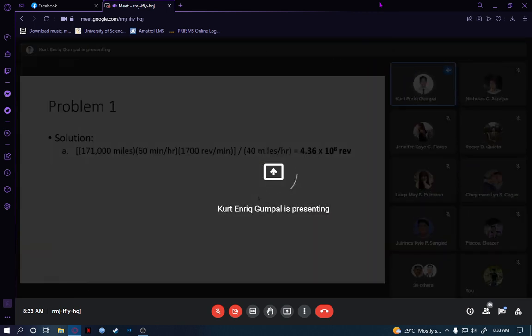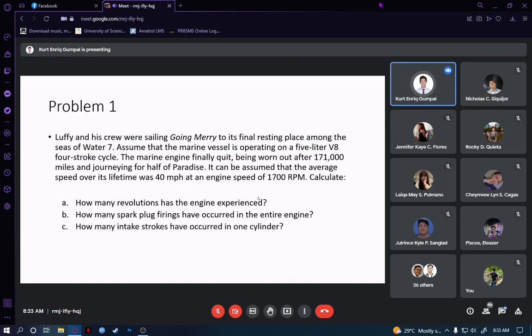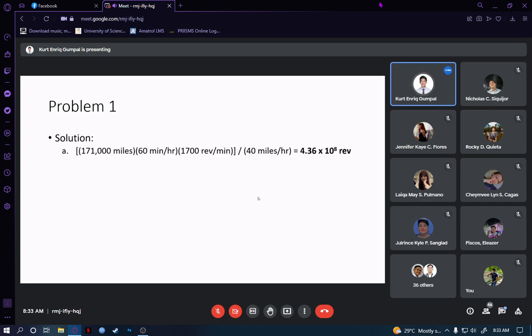Then your question next is how many spark plug firings have occurred in the entire engine, and how many strokes have occurred in one cylinder? So your B, how many firings occur in your engine. Okay? For you to be able to identify how many firings the spark plug has per revolution, you just have to divide it by the cycles.